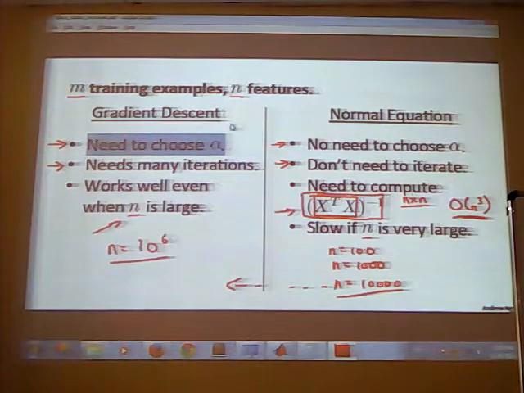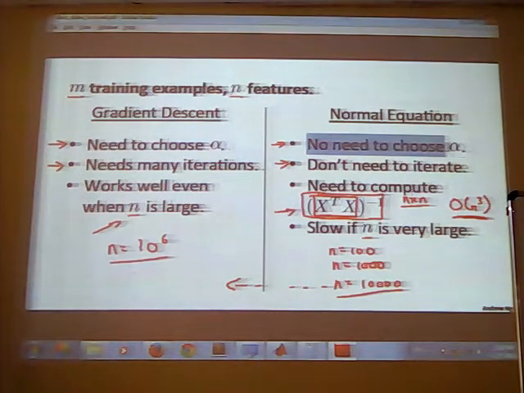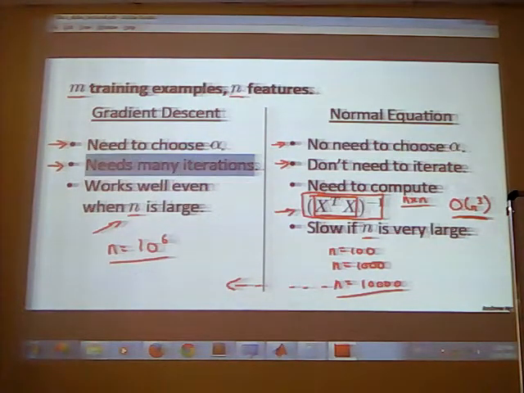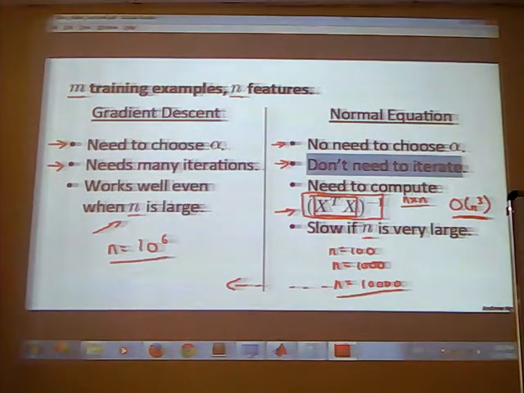In normal equation we do not need to choose alpha, because we can directly calculate it by x transpose x inverse and so on. Gradient descent needs many iterations to end up at the global minimum. In normal equation we don't need to iterate. It will have an optimal value of theta after calculation.